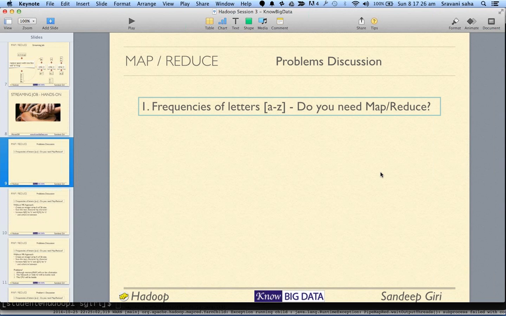If you think about it, if each block you convert into key value, where key is an alphabet and value is a number, then basically there are too many values for a key, right? There are too many values for a key.